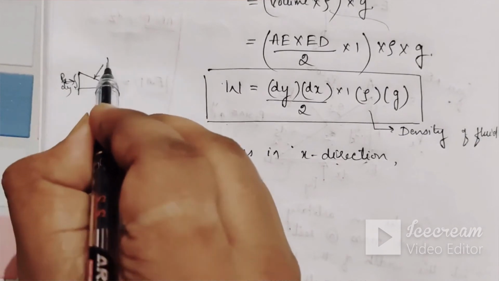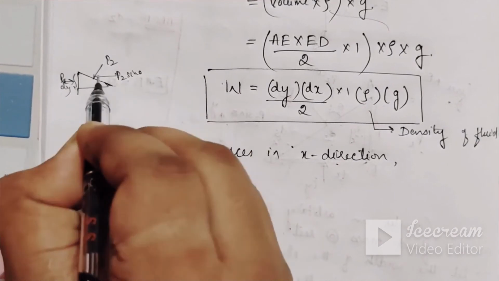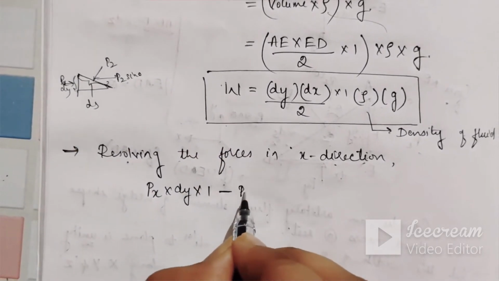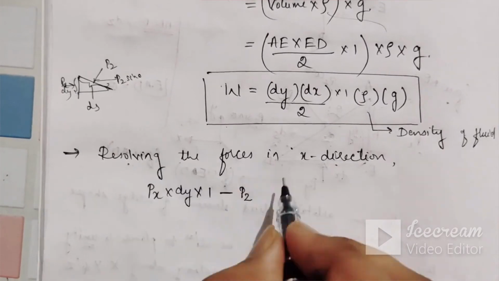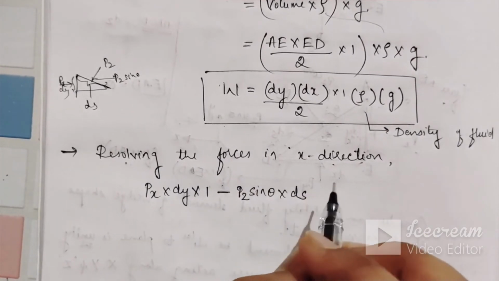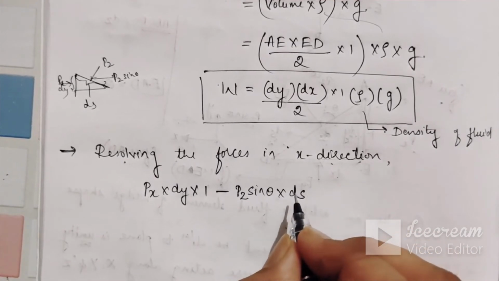Next, this pz sine theta into ds, minus this pz sine theta into ds.